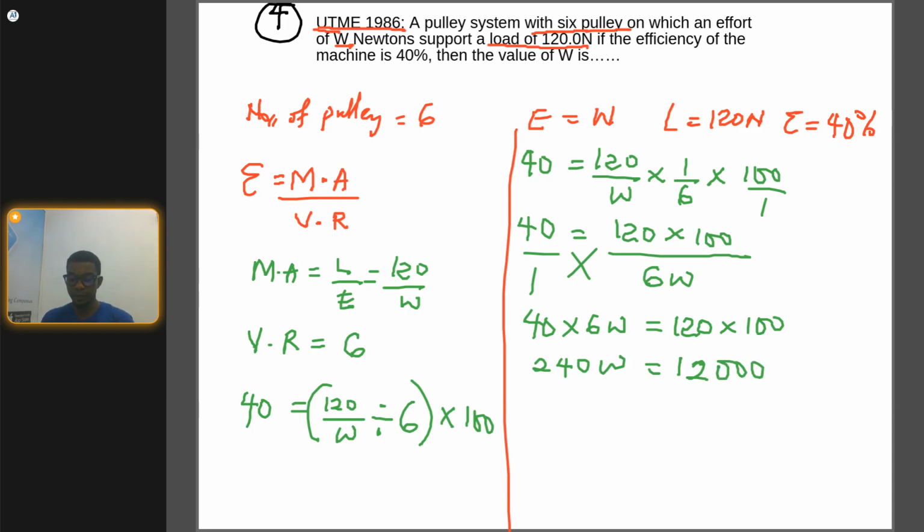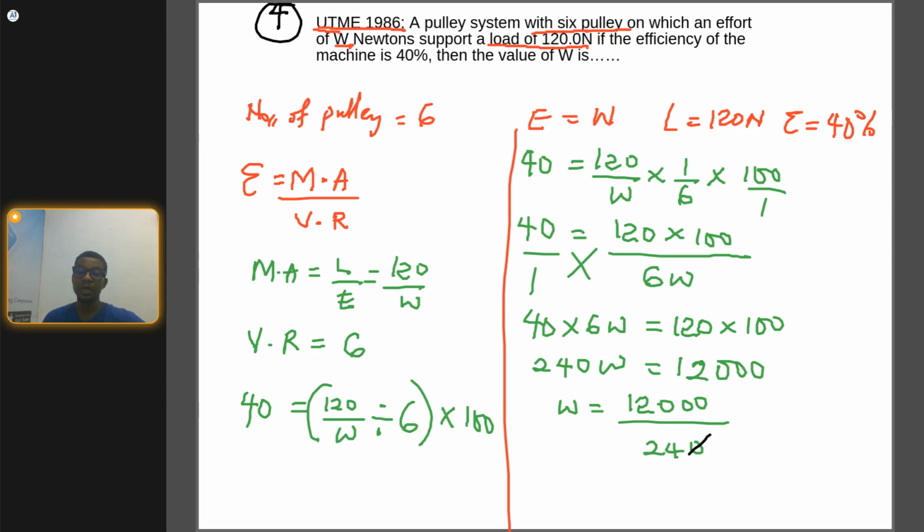Dividing both sides by W, we are going to have W equals 12,000 divided by 240.